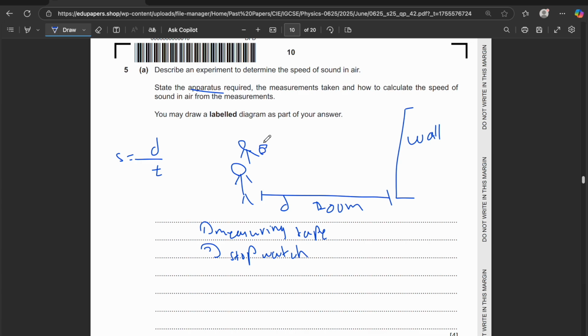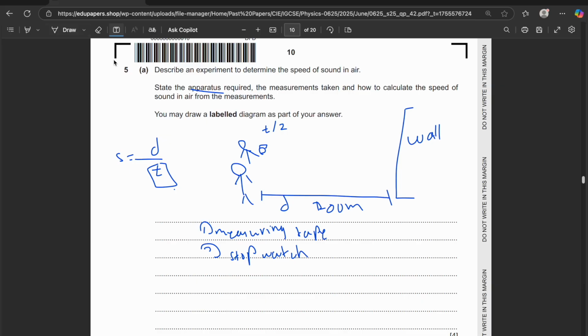And so this will be the time taken for 2 rounds, right? Because of the echo. So you have to divide this time by 2 and then substitute in here.